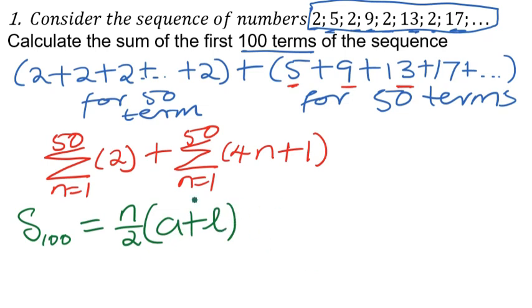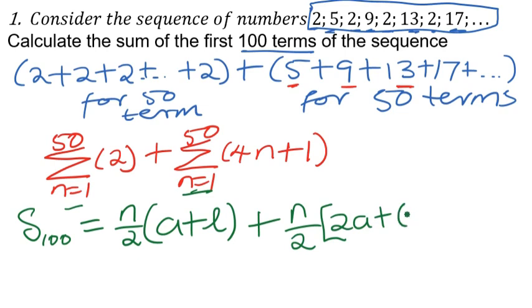Instead of using 100, we use 50 because we divided it by 2. Then plus n over 2 times 2a plus open bracket n minus 1 close bracket multiplied by d. This is what we have.